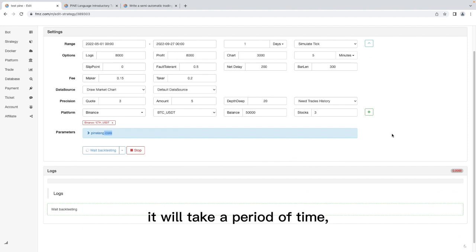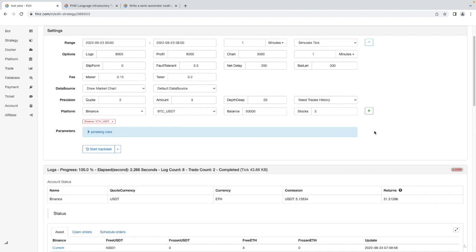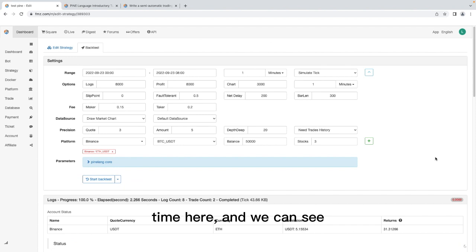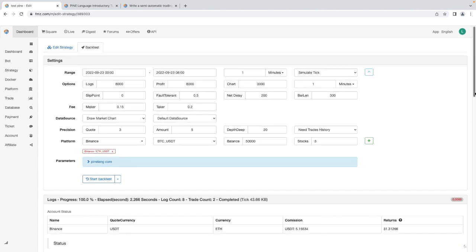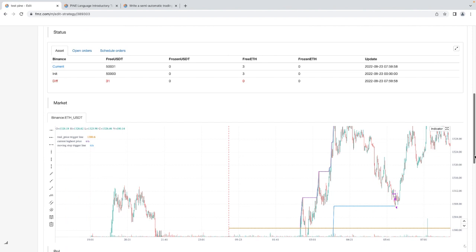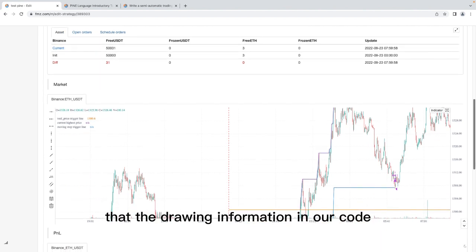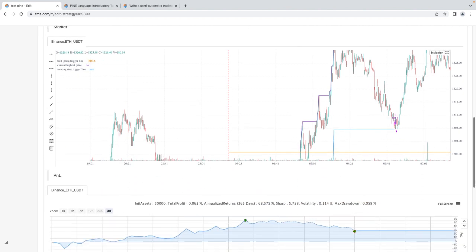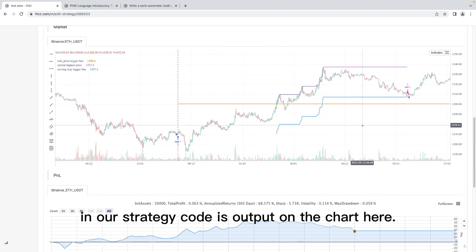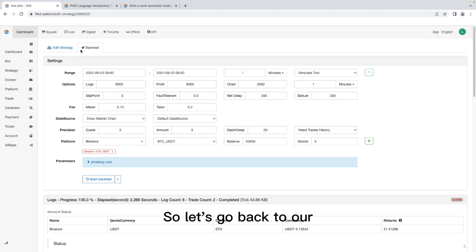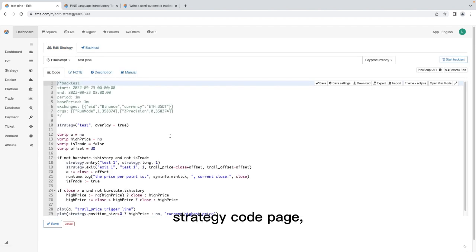It will take a period of time. We omitted the backtesting time here, and we can see that the drawing function in our strategy code is output on the chart here. So let's go back to our strategy code page.